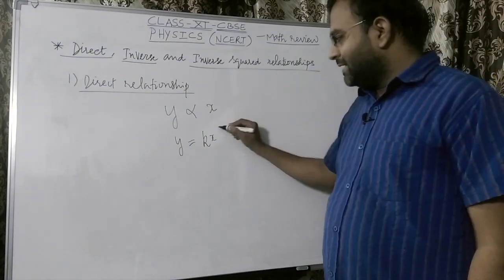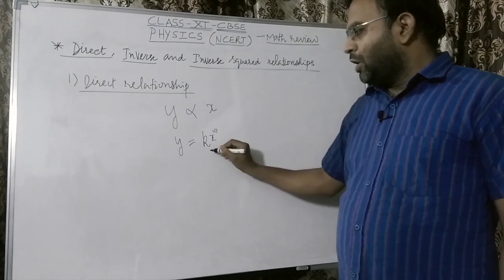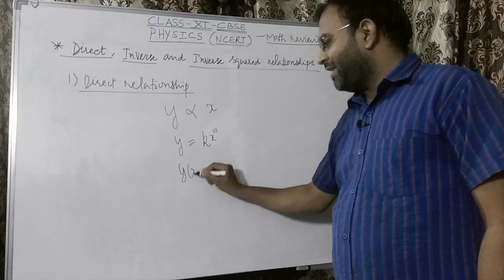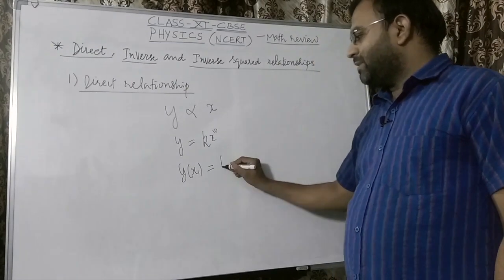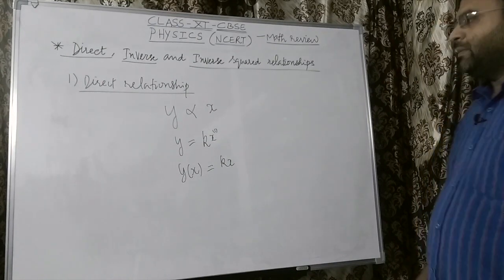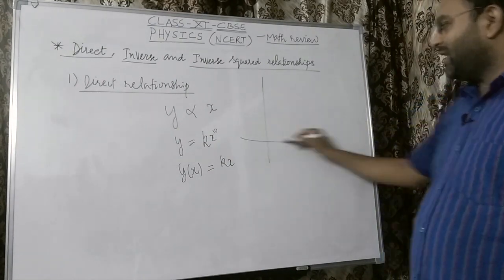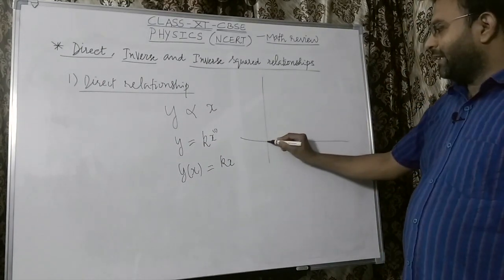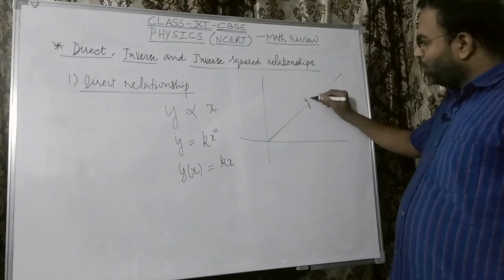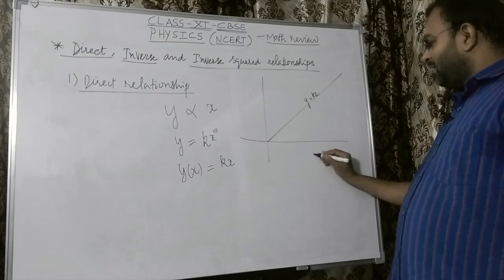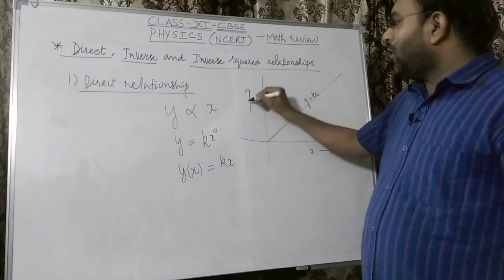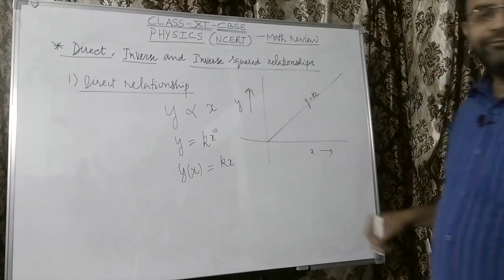That means there is a linear dependence of y on x. So, y is a function of x, and therefore y is nothing but equal to kx. When we try to plot such a relationship, we'll get a straight line, a linear relationship. So, y is equal to kx when you plot x along the x-axis and y along the y-axis.